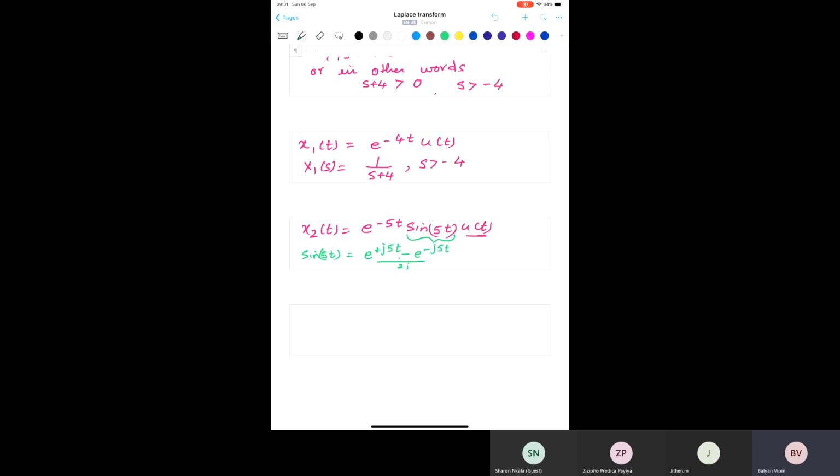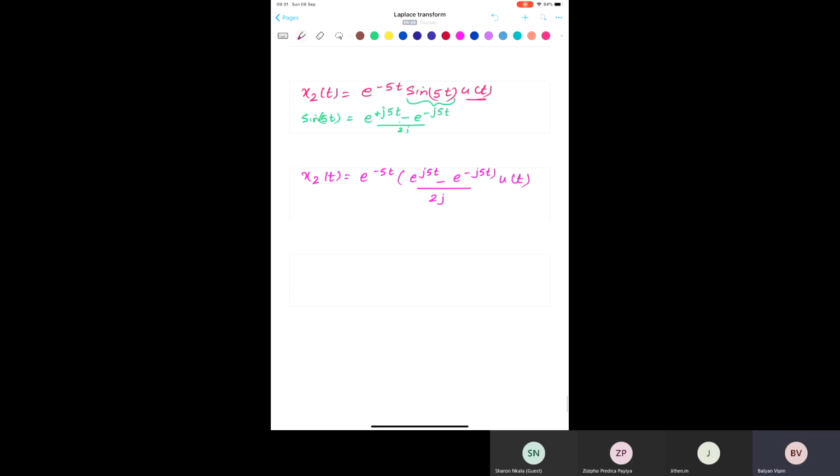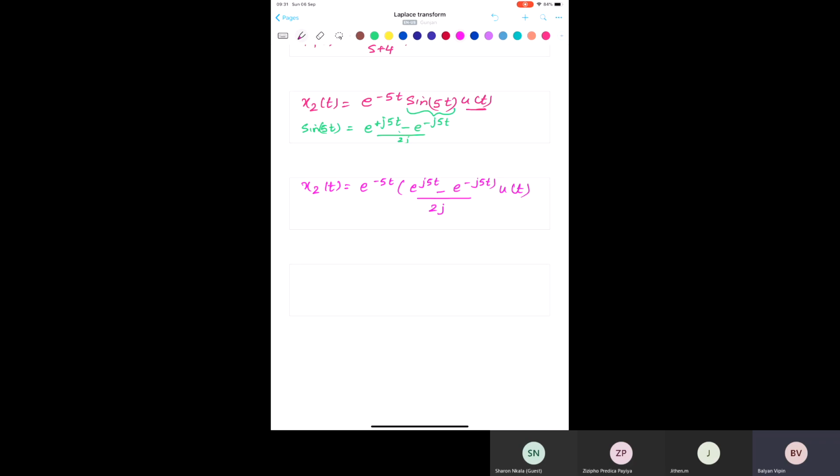So we can say now that x2(t) is equal to u(t), which can be expanded, or I'm putting that directly in the formula of X2(s).